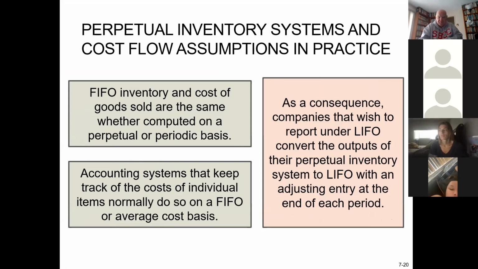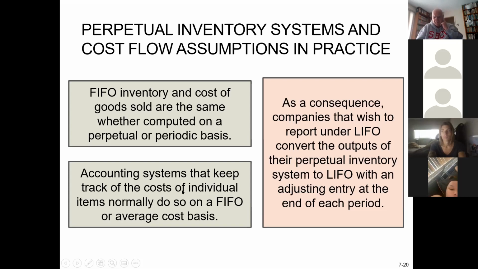Perpetual inventory systems and cost flow assumptions. We're not going to get into a perpetual until later, okay? FIFO inventory and the cost of goods sold are the same, whether it's on a perpetual basis or periodic. Companies that keep track of the cost of individual items normally do so on a FIFO basis or average cost basis.